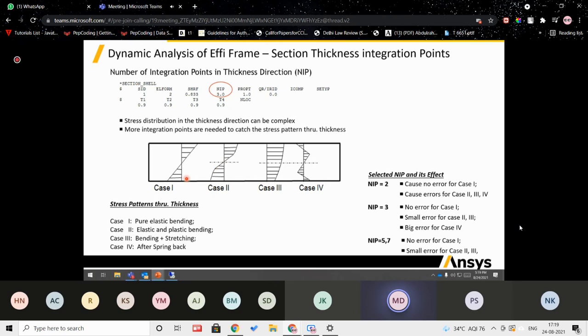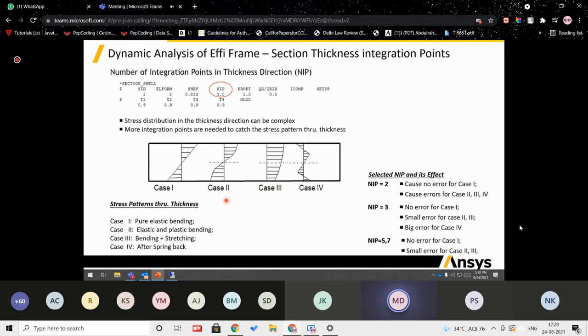So you can have 3, 4, 5, 7 integration points. Why I picked 5 is that I can capture pure bending, elastic and plastic bending, and bending and stretching. Since I'm not focusing on springback, I have not used 7 or so on.